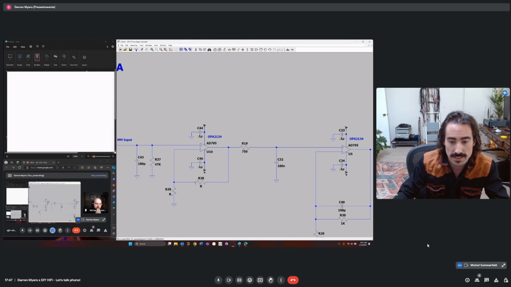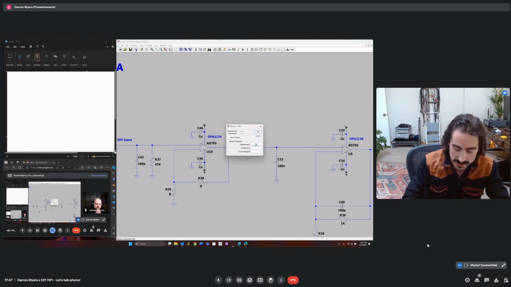And what's 6 dB? Well, you can kind of see we're going to run into a problem here. Yes, I can see that coming. Which is the reason why now looking at it, this is why I don't use this design.